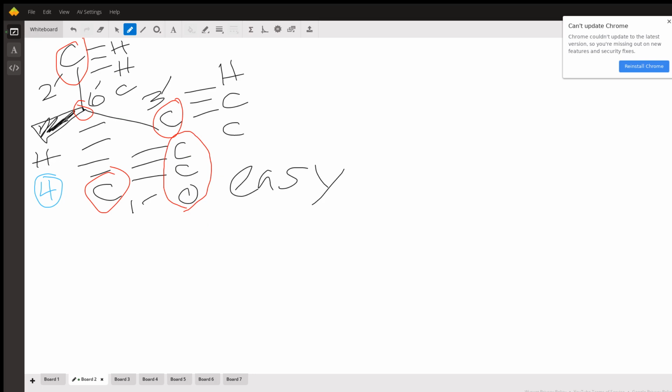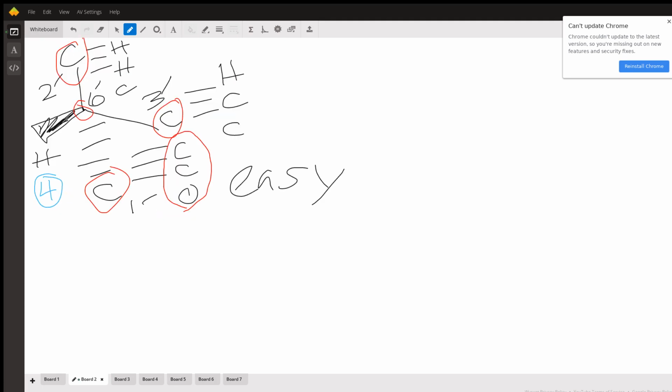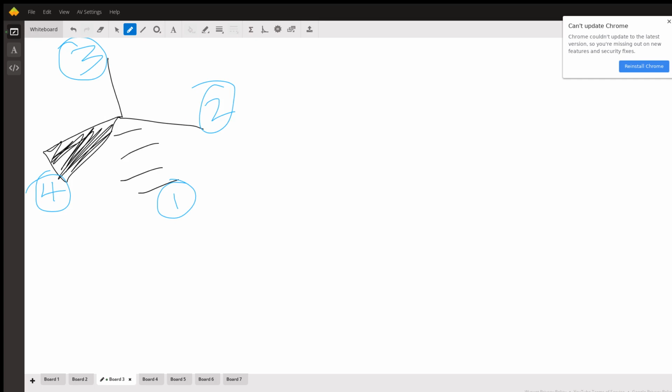If you add those atomic numbers up, they're much higher than the rest. So the one at the bottom there is number 1. Between 2 star and 3 star, 3 star is going to be number 2 because it has 2 carbons and 1 hydrogen, and the other one only has 1 carbon and 2 hydrogens.